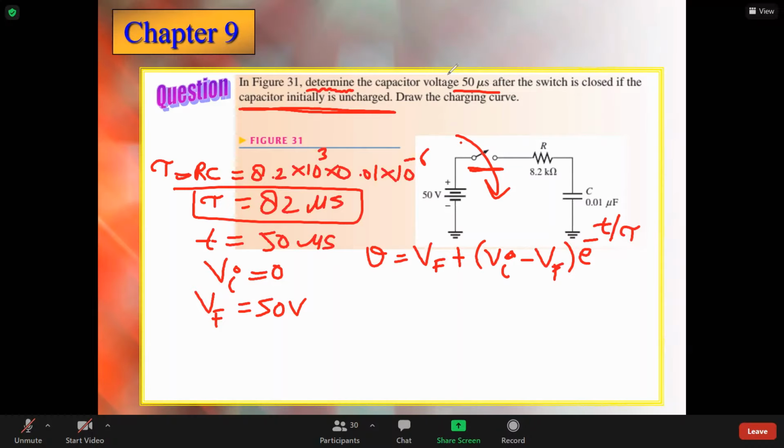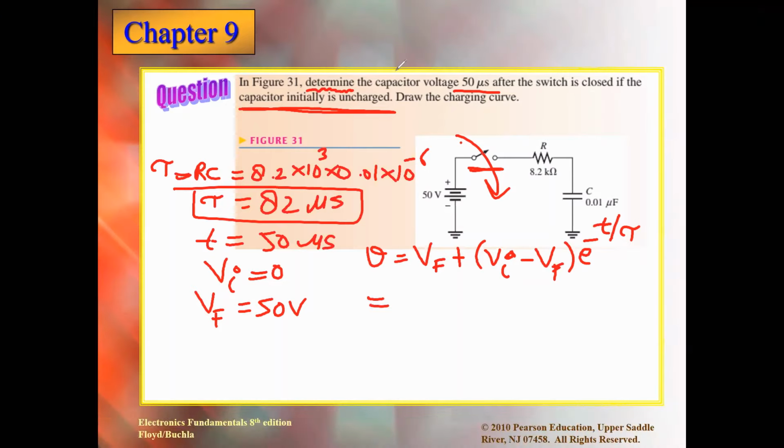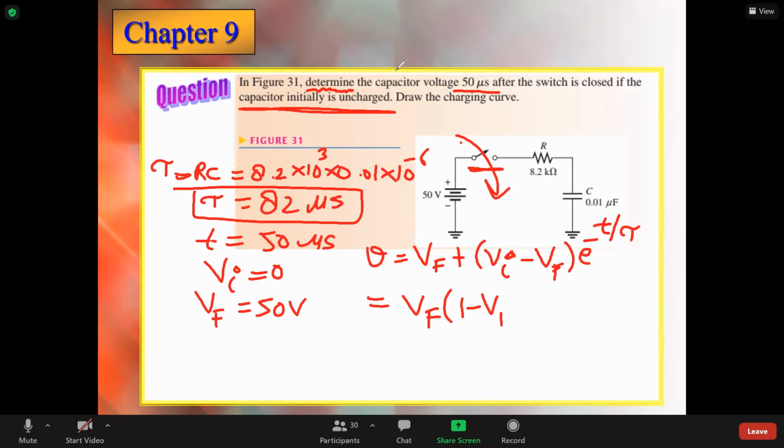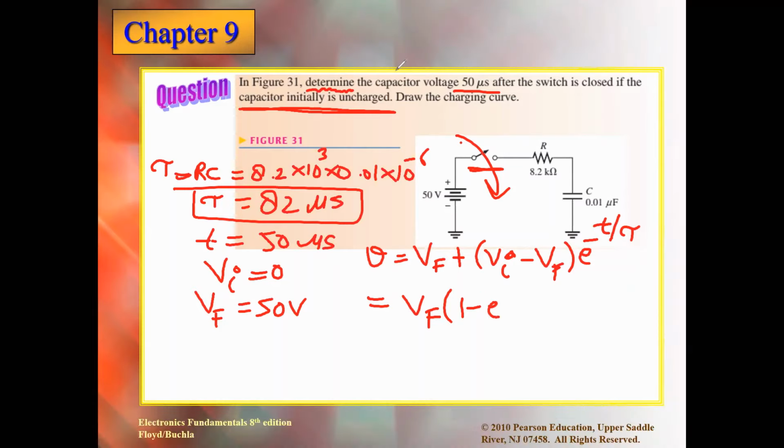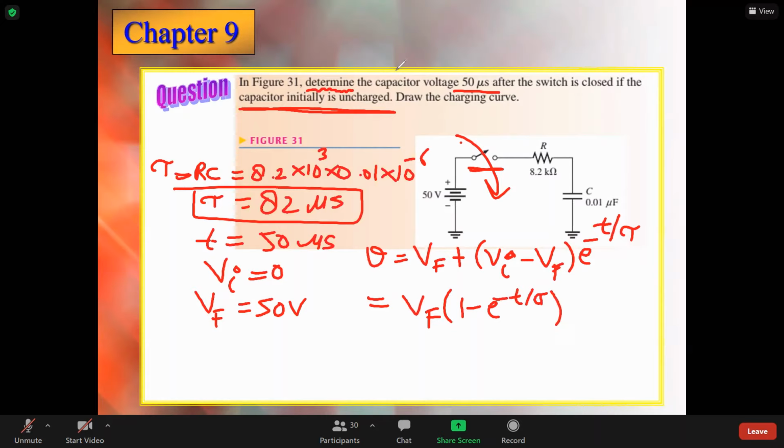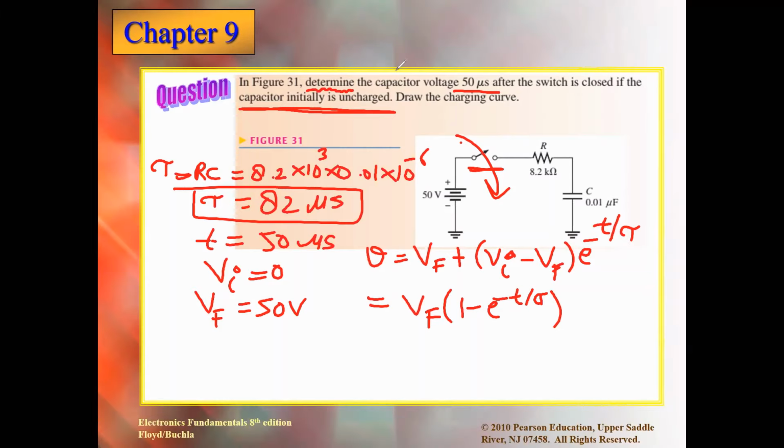Now, we know that Vi is 0. If I put Vi 0 in this equation, it will become Vf times 1 minus e to the power minus T over tau. This will be the equation when we put Vi equal to 0. Now just put the values.